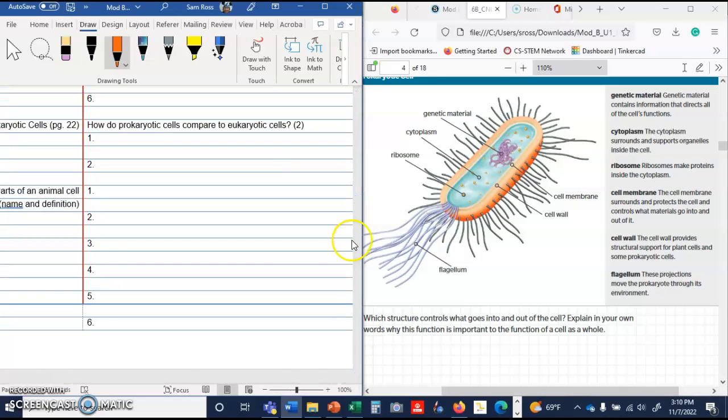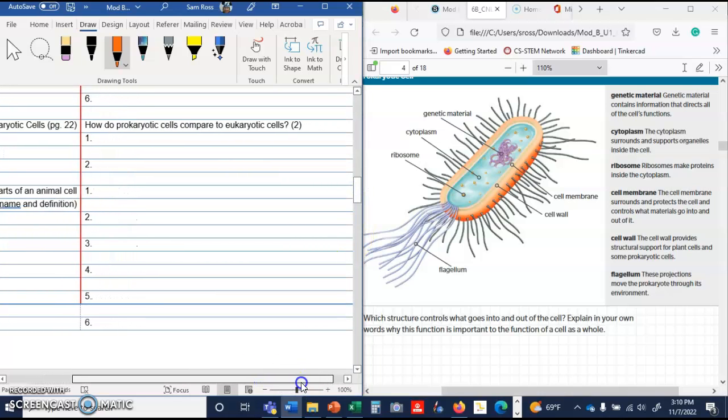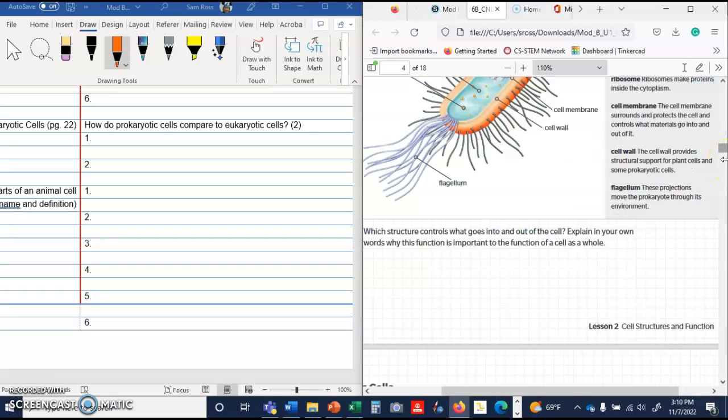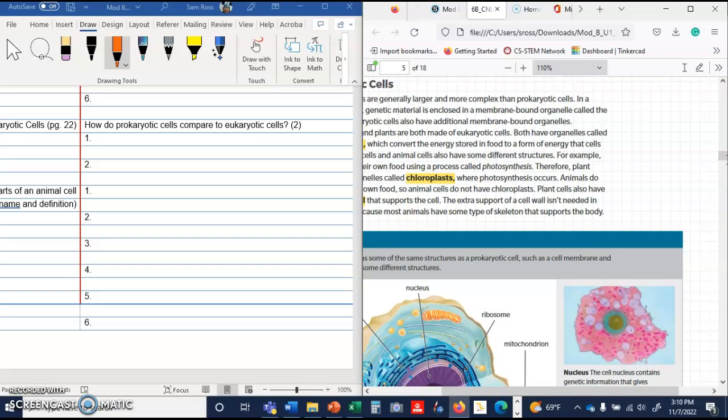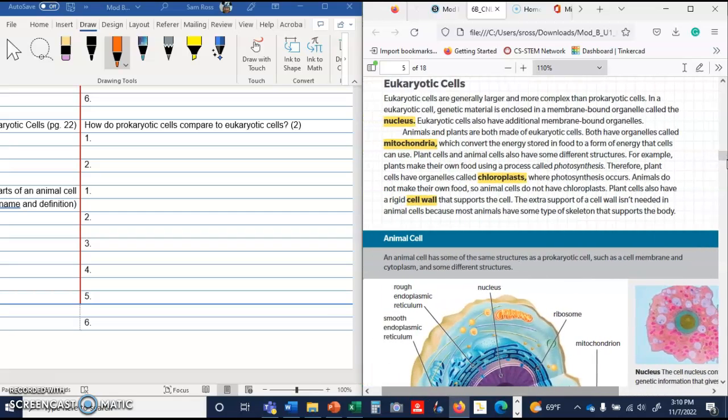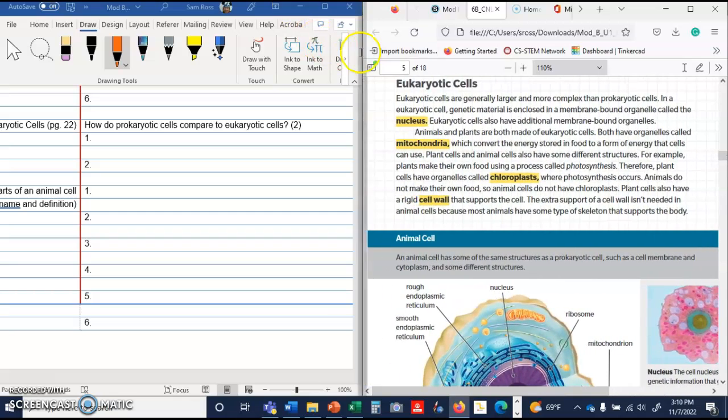Now we're on to eukaryotic cells on page 22. Okay. So eukaryotic cells, the question is, how do prokaryotic cells compare to eukaryotic cells?